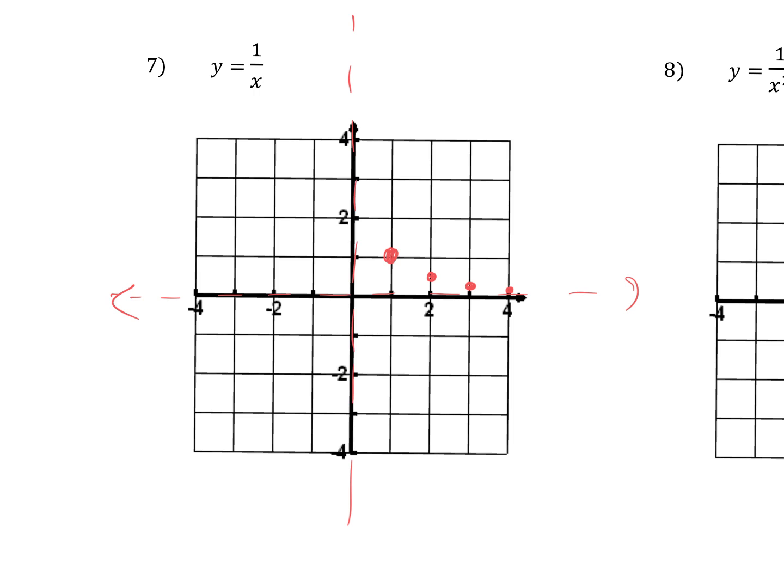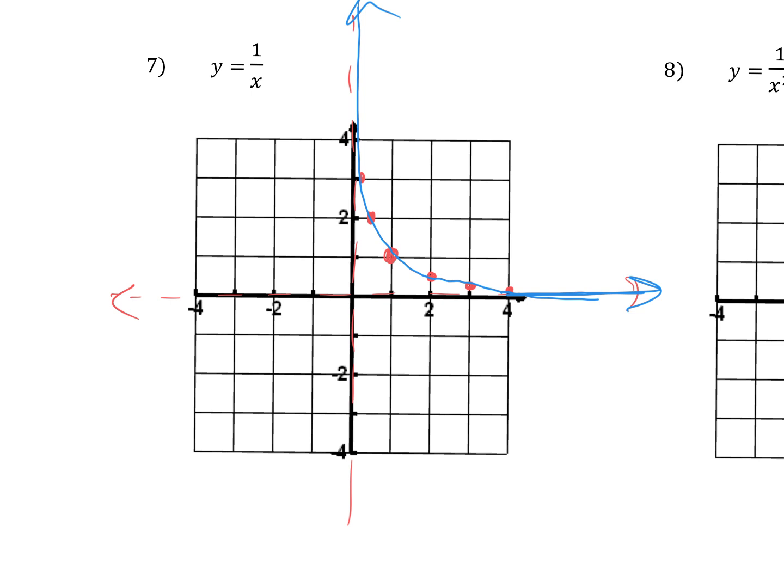Maybe we even want to do a 0.5. When x is 0.5, I get 2. 1 divided by a half is the same as 1 times 2. And then even if I did a third, 0.3333, or 1/3, I get 3. So again, this is just letting us see we've got this function that is hugging my asymptotes, vertical and horizontal.